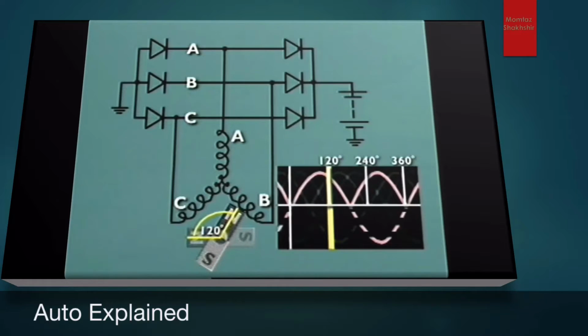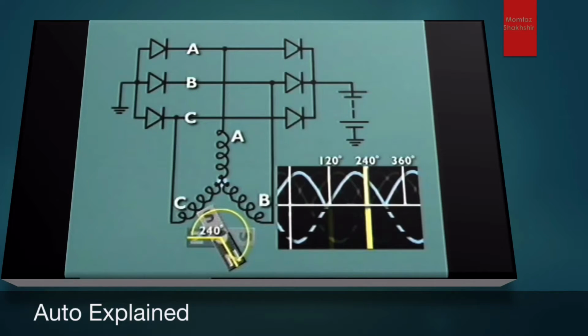Output of winding A, positive diode A, alternator terminal B positive, battery positive terminal, battery ground B negative, alternator ground, negative diode B, output of winding B, neutral or start point. When the magnet rotates further to this position, the polarity of winding A changes.